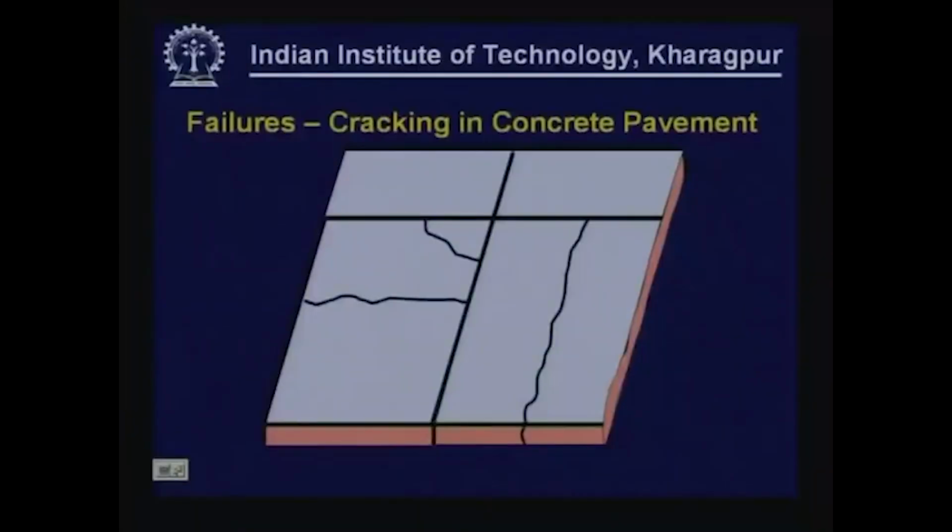So, we can have different types of cracks developing in the concrete pavement because of various reasons, and they also occur in different regions of the slab. As you can see, there are corner cracks, transverse cracks, and also longitudinal cracks.